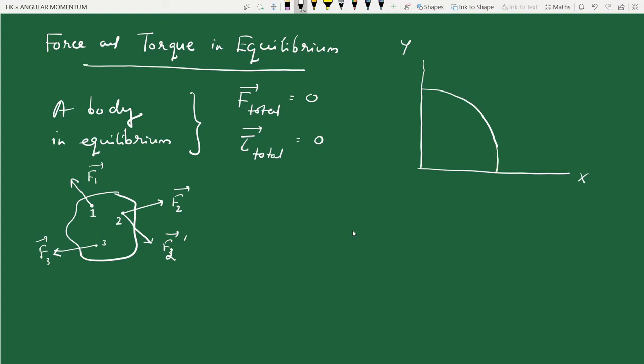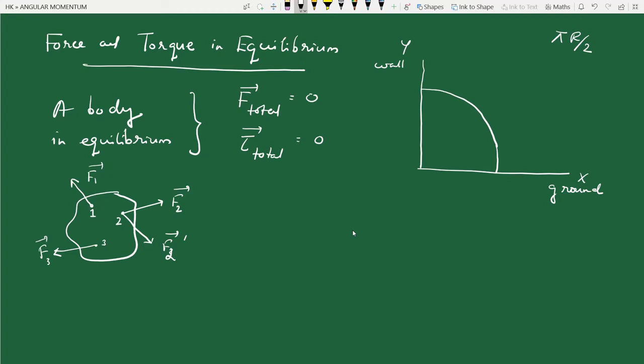This is the ground, so one end of the rod is fixed on the ground, and this is some wall, so the second end is fixed on the wall, and this rod is at rest. The length of this rod is pi r by 2. When it is bent into the form of a quadrant of a circle of radius r, the radius of this quadrant is r.